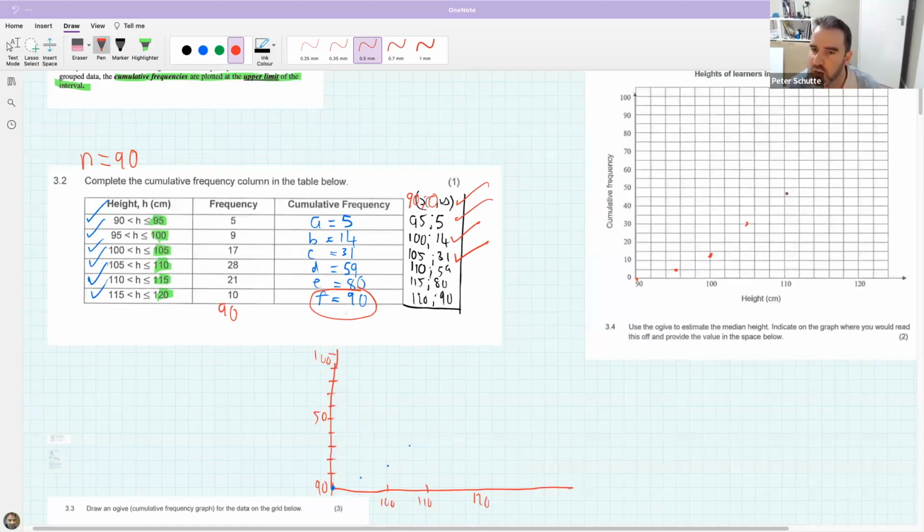at least once, because if you get this in a test, you can gobble it up with nice marks. 110, 59, there we go. 115 would be here, and then 80, and then 120, 90.